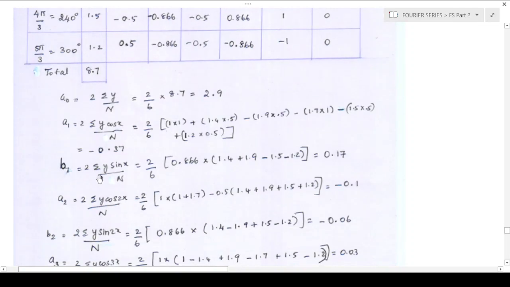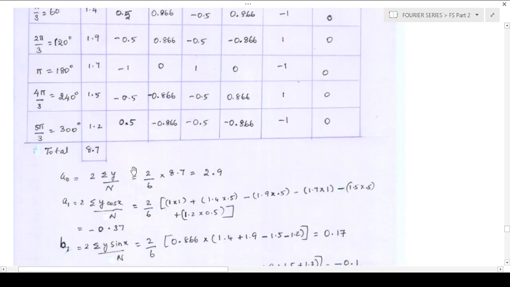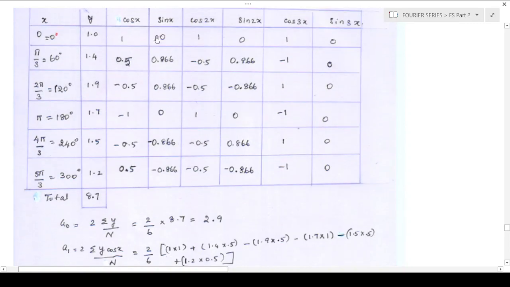If you want to find b1, it is twice summation y sin x by n, 2 by 6 will be there. Y into sin x, y into sin x. See here, 0, other than that, it is 0.866. Plus minus, it is varying, that is different. So 0 into 0, 0 into 0 is 0.